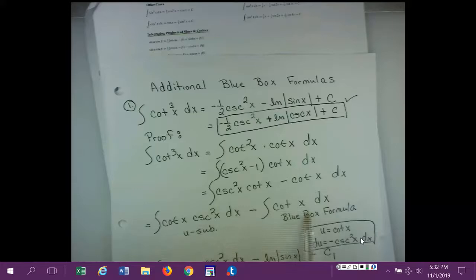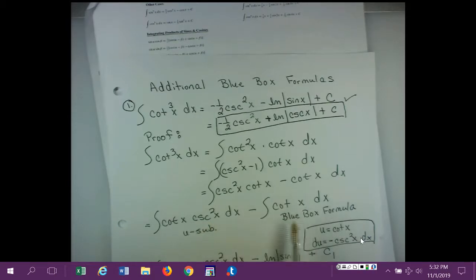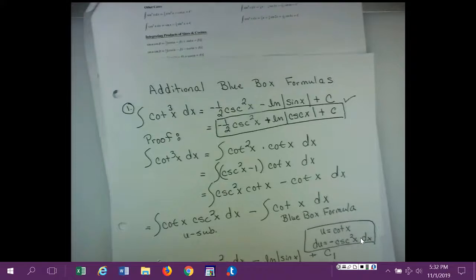Then it is broken into two indefinite integrals. This first one, cosecant squared times cotangent, I wrote as cotangent times cosecant squared. It's okay to do that. Multiplication is commutative.